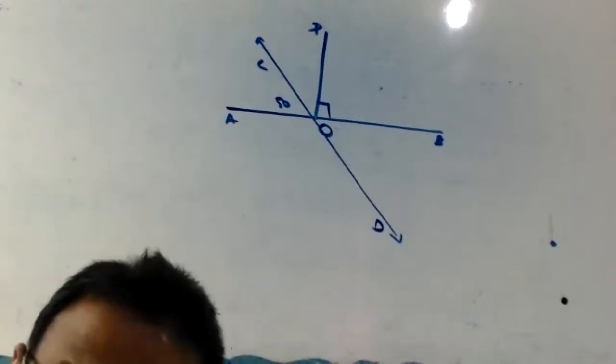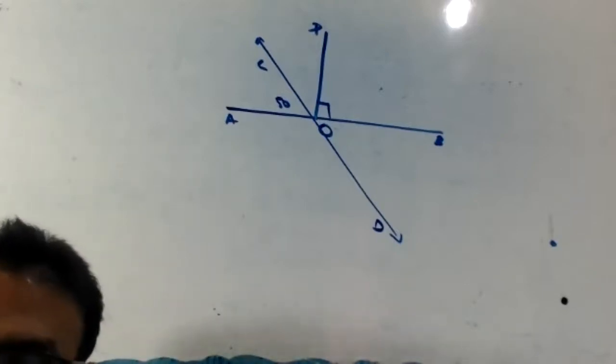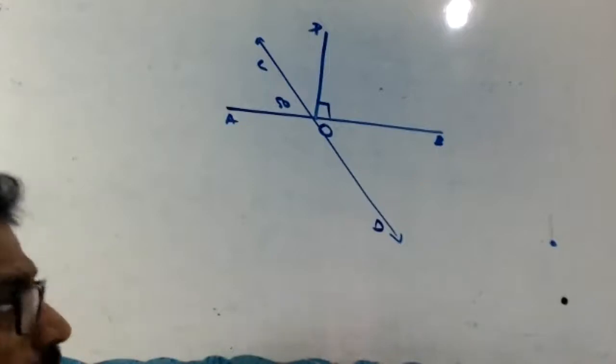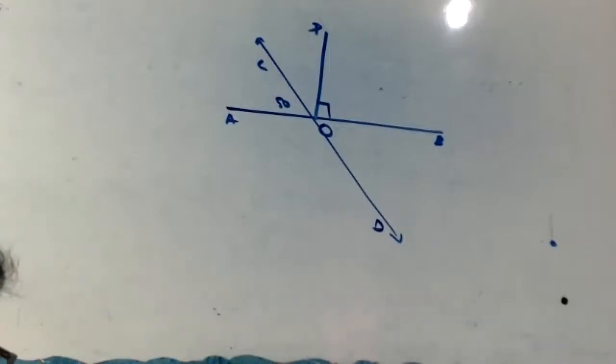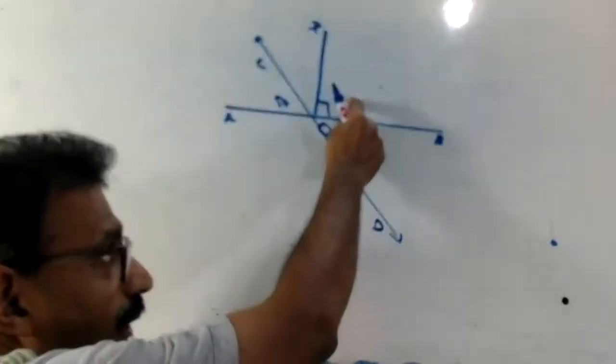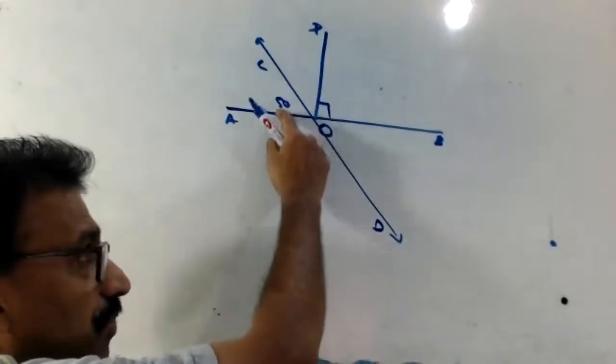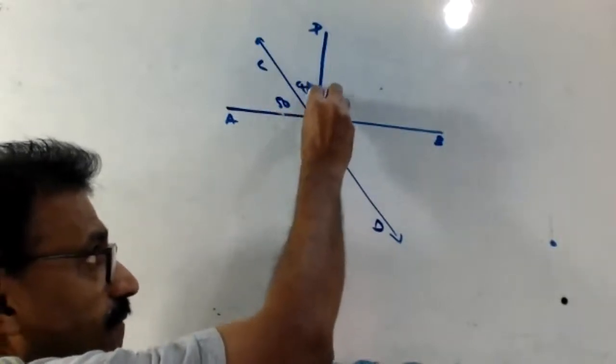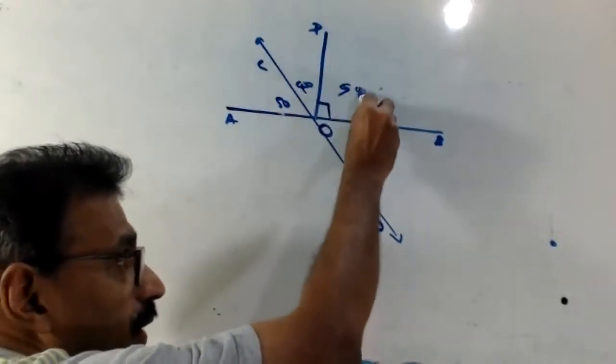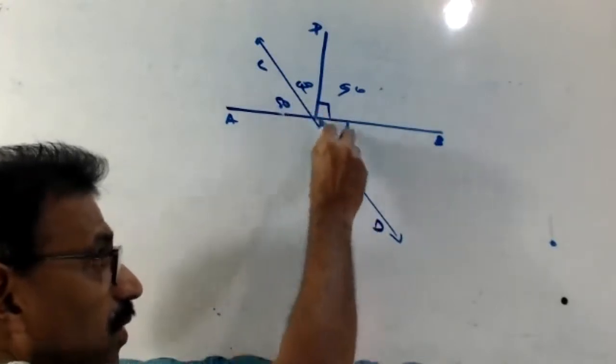Look, first what you have to find out is angle POC. This one is 90, so this full angle is 90. So 50 here, this is 40. This is already 90, then how much is this one? 50.